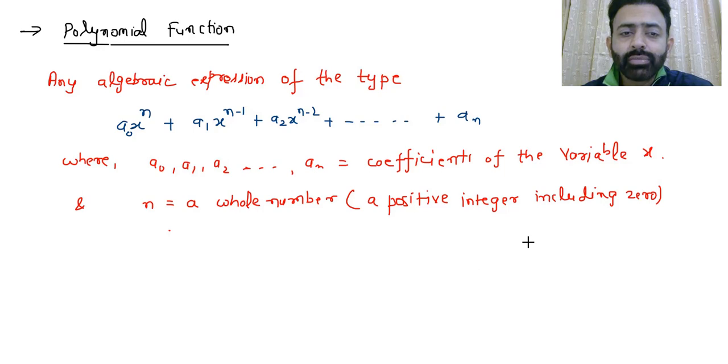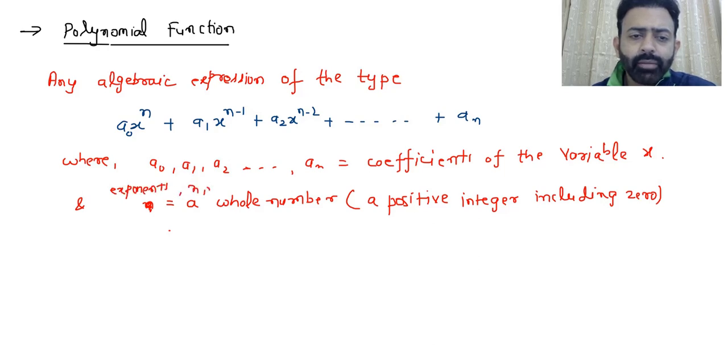So n is a whole number. I would say the exponents n minus 1, n minus 2, all of these must be whole numbers. That would be correct, because if I take the value of n as 0, then you will get a1 x raised to power 0 minus 1, which is a1 upon x. That will be called an algebraic expression, but it won't be called a polynomial.